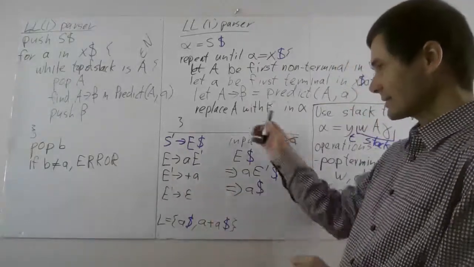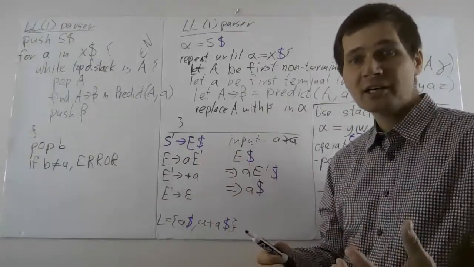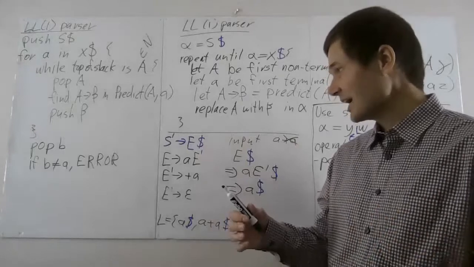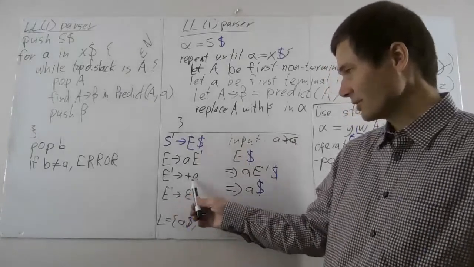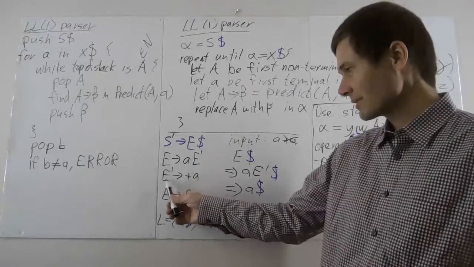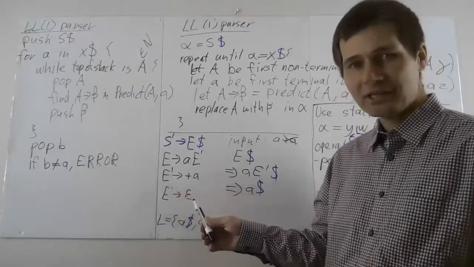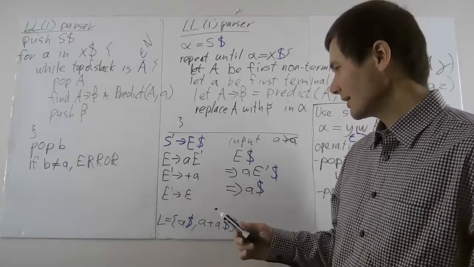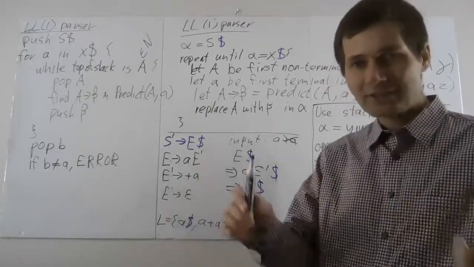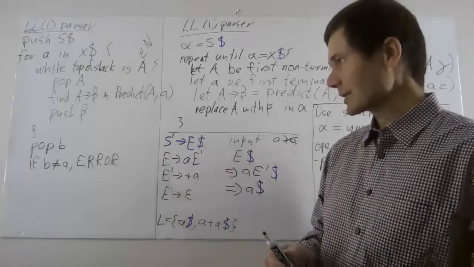So in this example, if I had the input AA, and the grammar was saying you should expand the E prime to a plus A, well, then the plus and the A wouldn't match, and so I would get an error there.